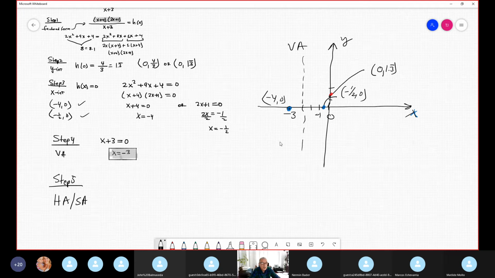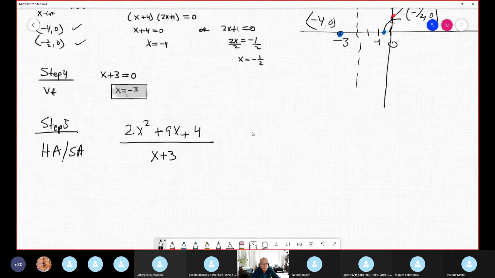What do you think? What do you think happened? The analysis of the degree. Let me copy again. Copy the original. The original is 2x squared plus 9x plus 4 divided by x plus 3. And you are doing one more time the analysis of degree. What is the degree of the polynomial on the top?